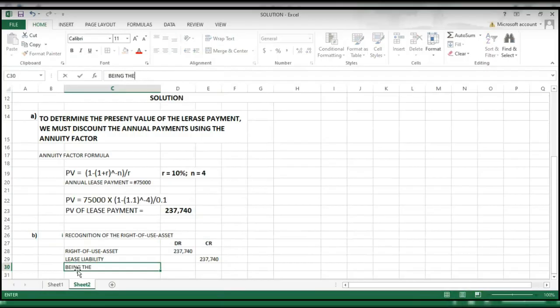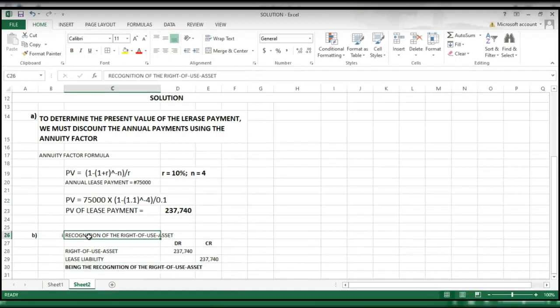Being the recognition of the right of use asset. So that's the journal here. You can see that's the description of this first journal that we passed.